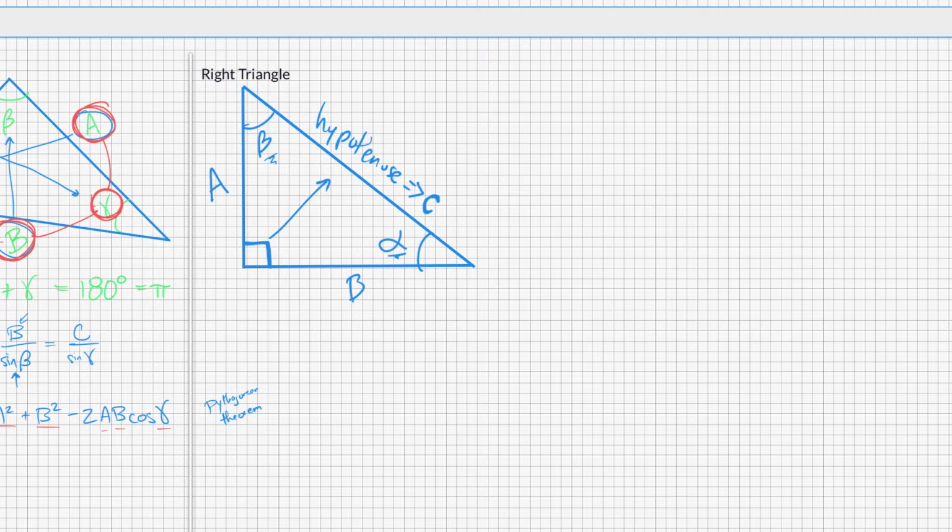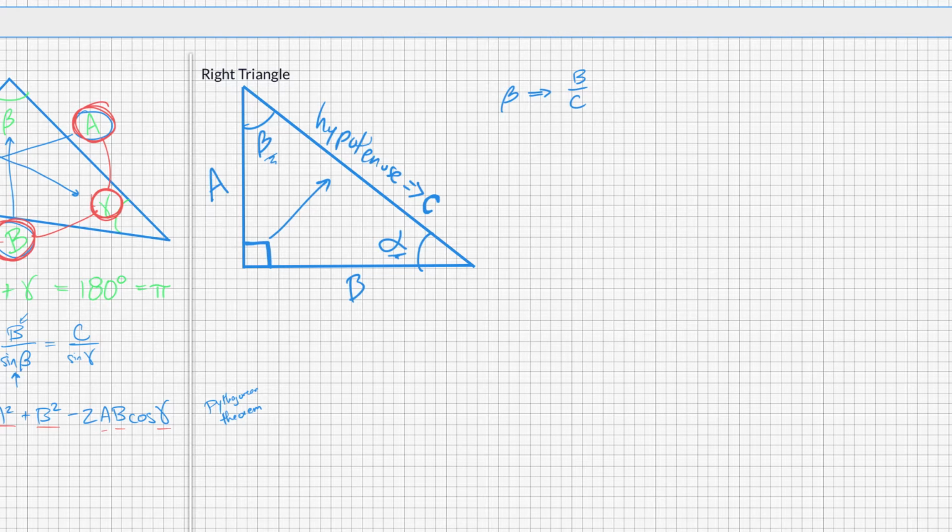They gave it fancy names, but they said that for a triangle with a given beta, the ratio of B over C is always the same, if you know beta and you know it's a right triangle.